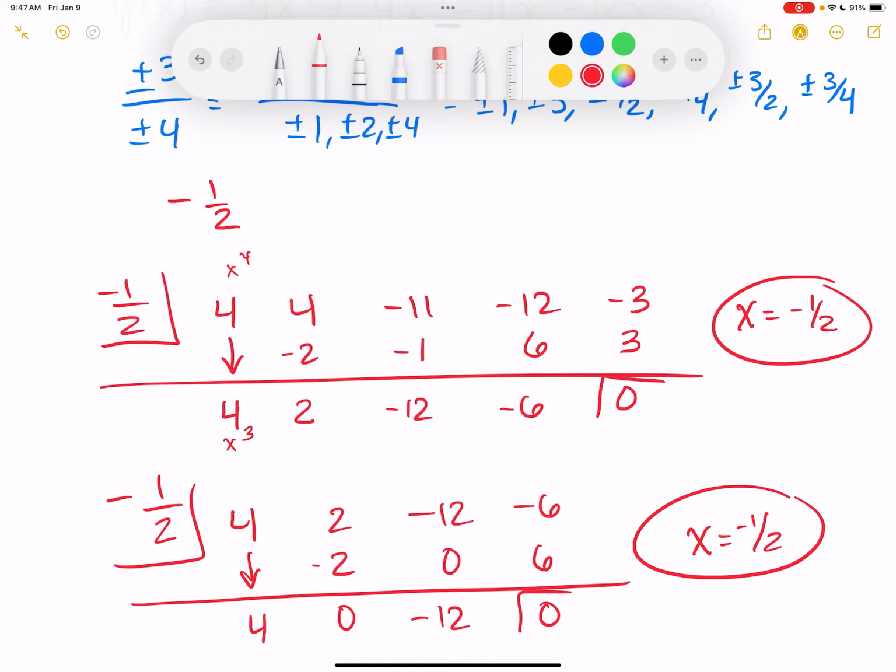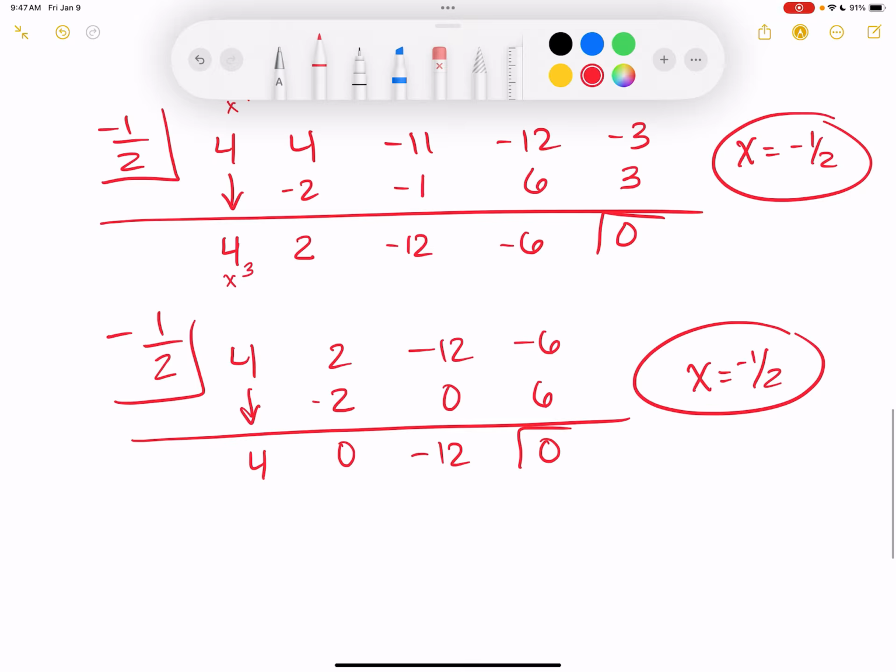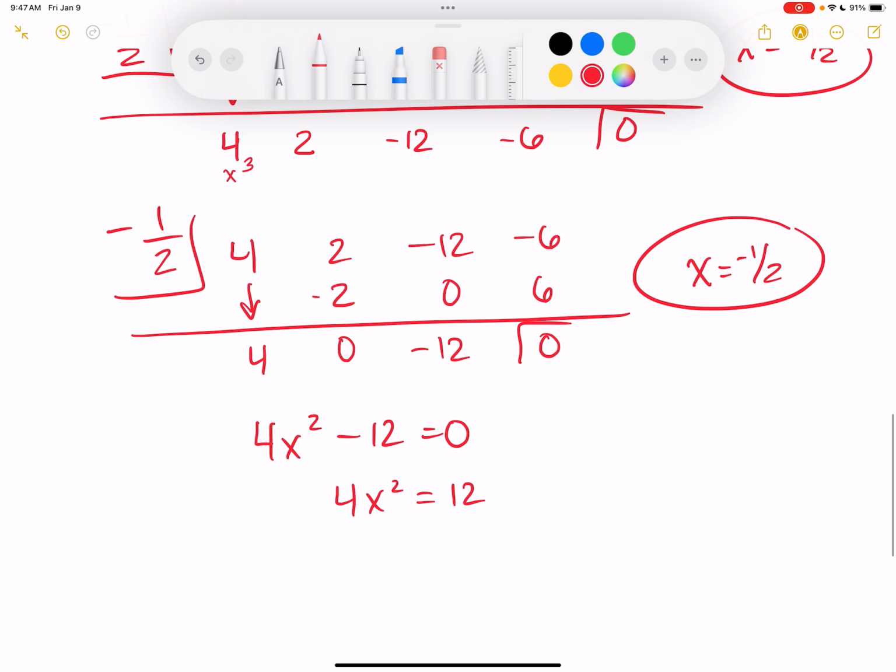Now it's x squared. So then take what's left. 4x squared minus 12 equals 0. 4x squared equals 12. x squared equals 3. So then x equals plus or minus the square root of 3.